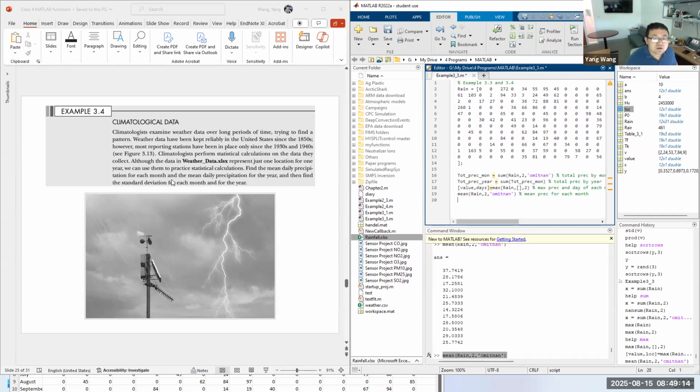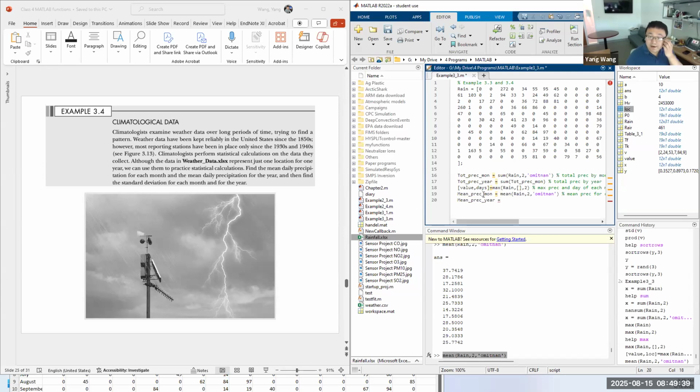And then it also wants us to find the mean, basically the mean daily precipitation for the year. And then there's also year.